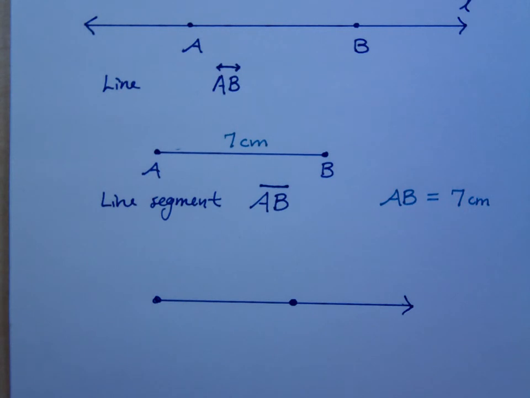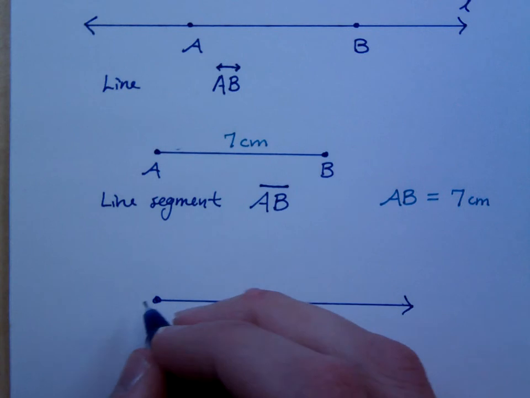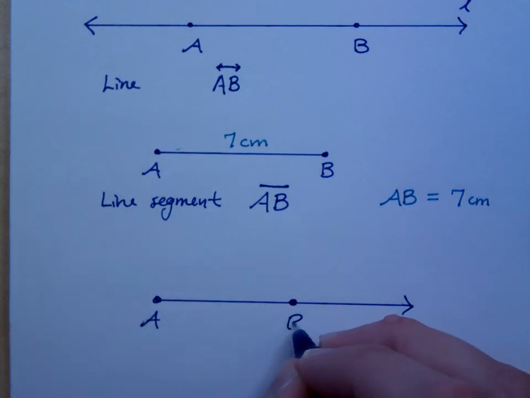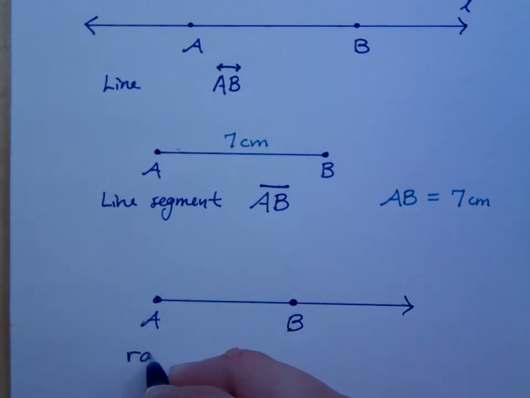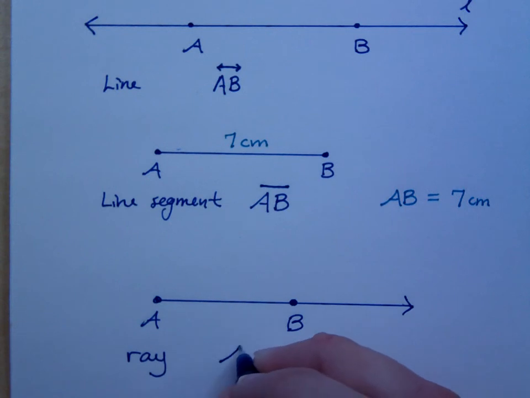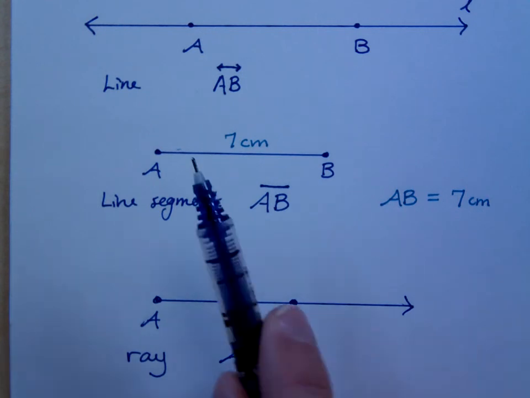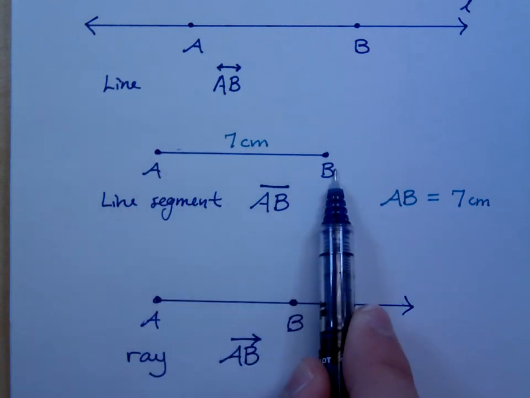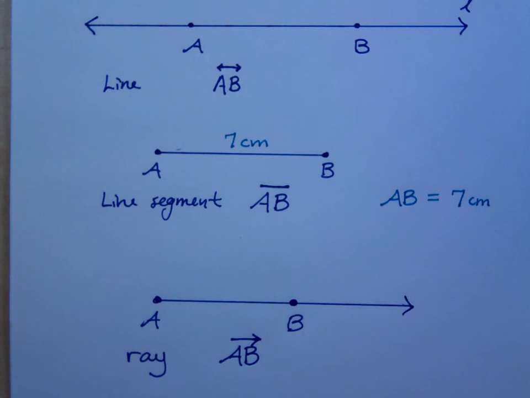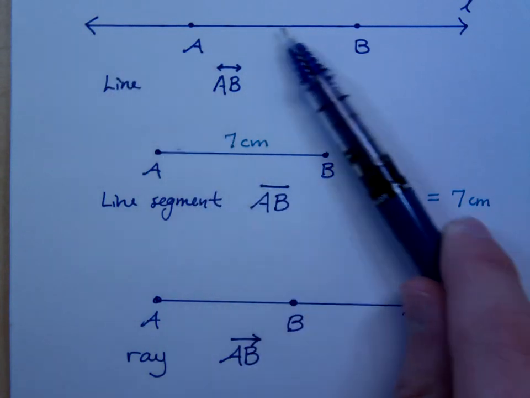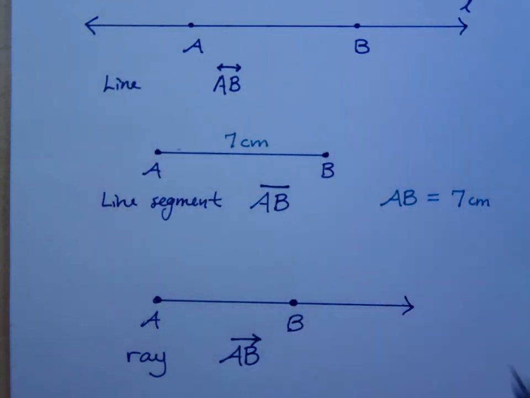It's a drop of golden sun, isn't it? So this is a ray, and the way we denote this is like that. The ray goes from an endpoint, and it goes on forever in one direction. Line segment is just from one point to another, and it stops. That's it. A line goes in both directions forever.